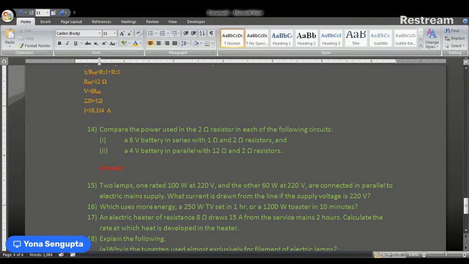Now the power in the 2 ohm resistor can be calculated as P equals I square R, which is 2 square into 2. 2 square is 4, so 4 into 2 equals 8 watt.